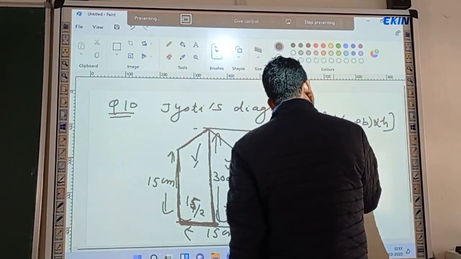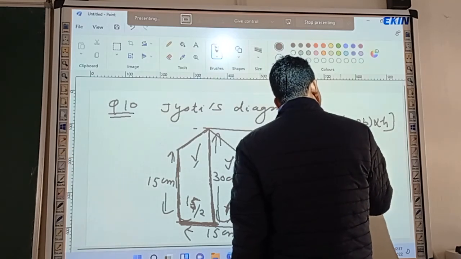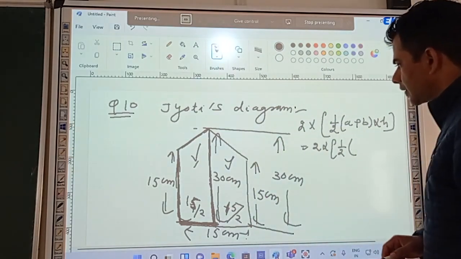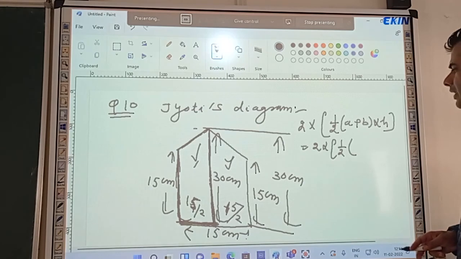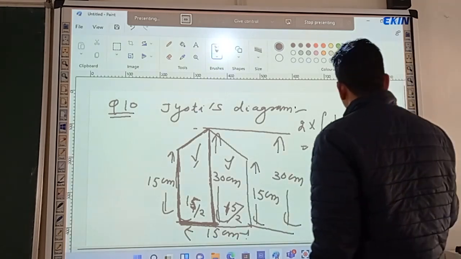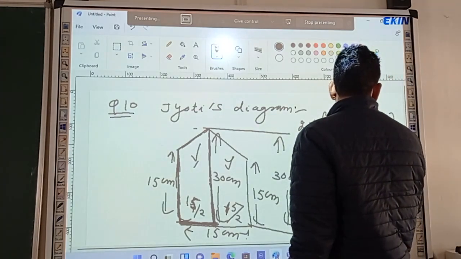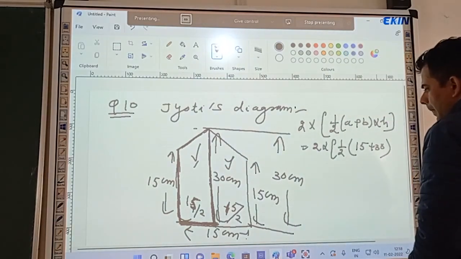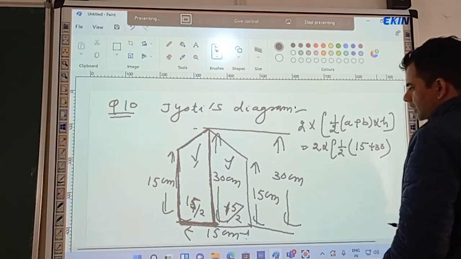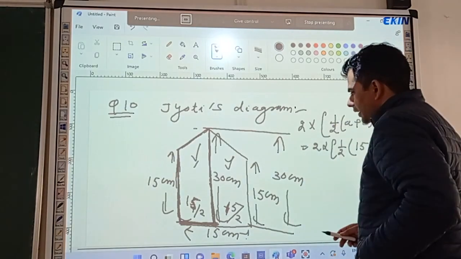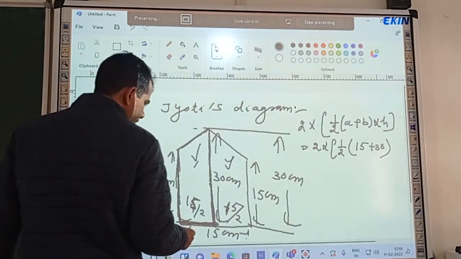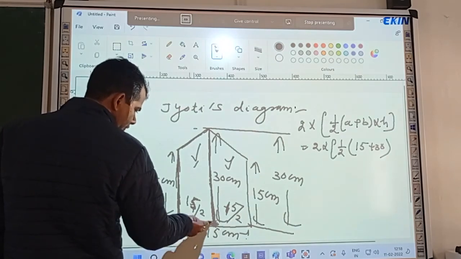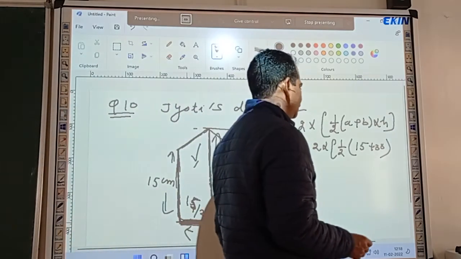Sum of parallel sides is 15 plus 30, and height is 15 by 2.